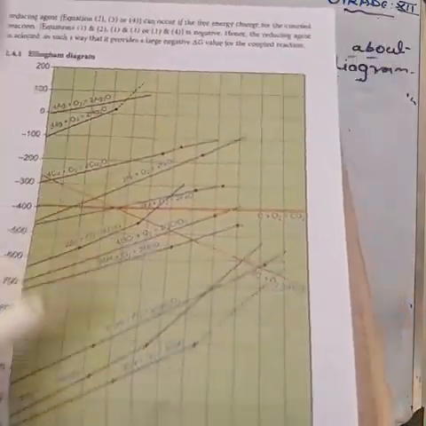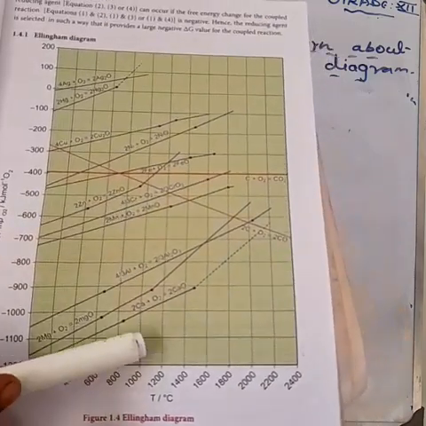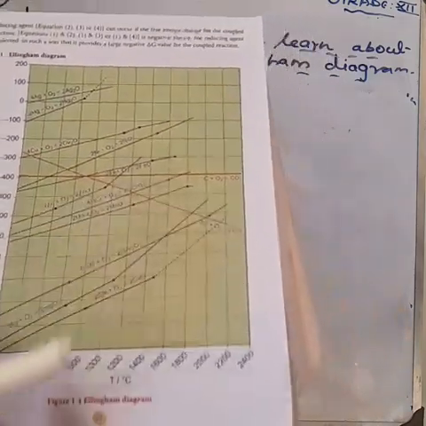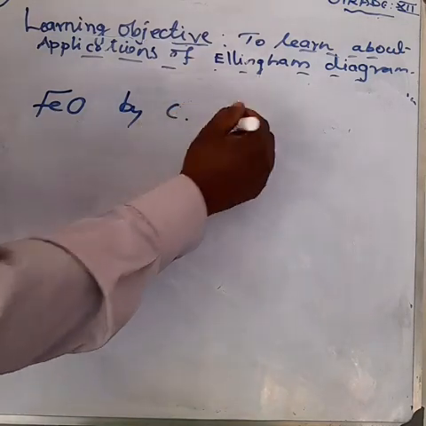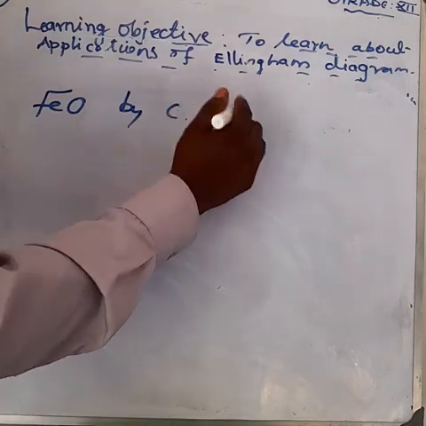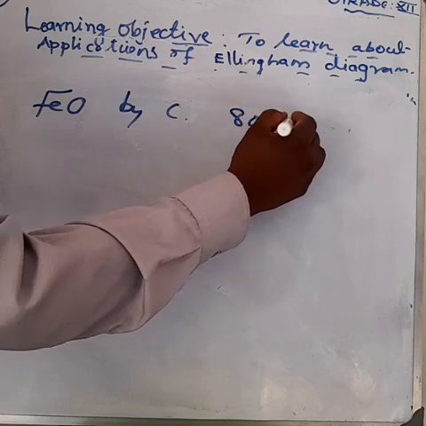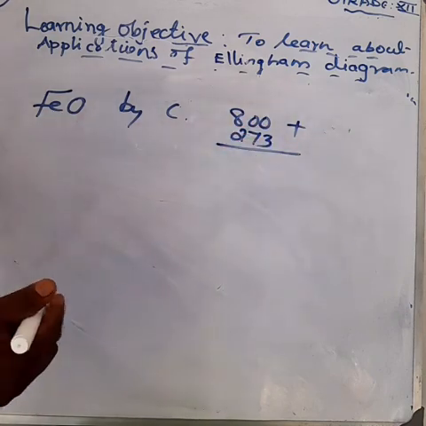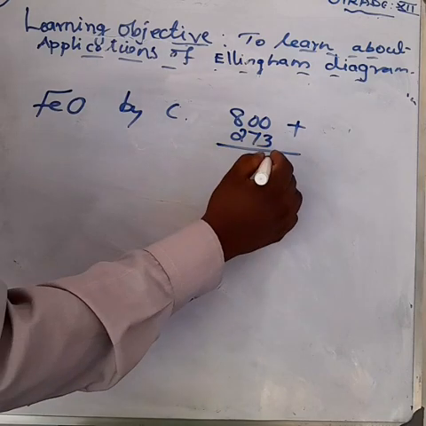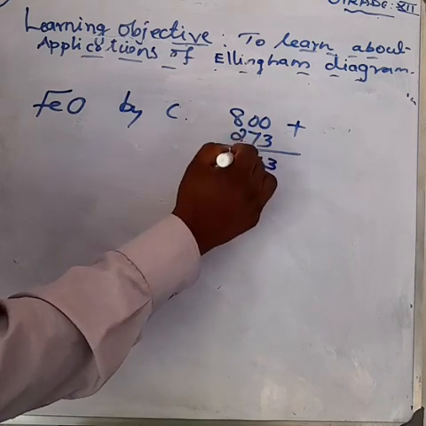Looking at the temperature, it is around 800 degrees Celsius. We add 273, and you get around 1000 Kelvin. Am I right?